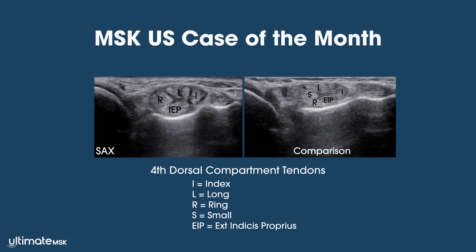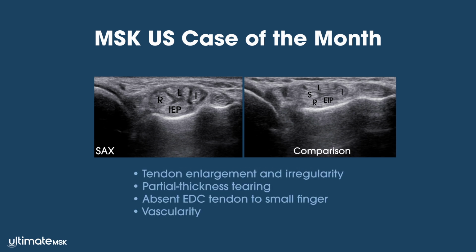Returning to our case, the tendons of the 4th dorsal compartment are labeled with a contralateral comparison view shown on the right. In our patient, the 4th dorsal compartment tendons are markedly enlarged, irregular, and demonstrate partial thickness tearing.